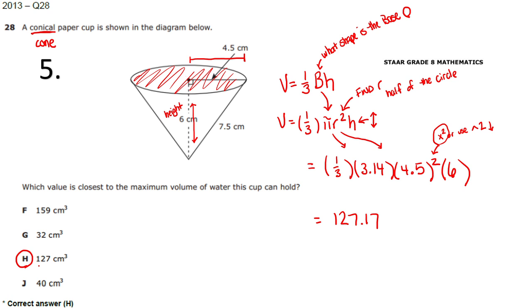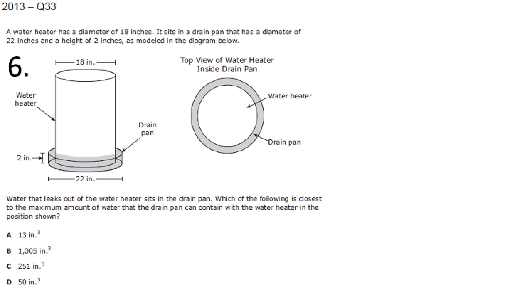Okay, next. All right, number 6. Number 6, we're talking about a water heater. This question looks a lot harder than it really is. We have a water heater, and it's talking about this drain pan that's right here.